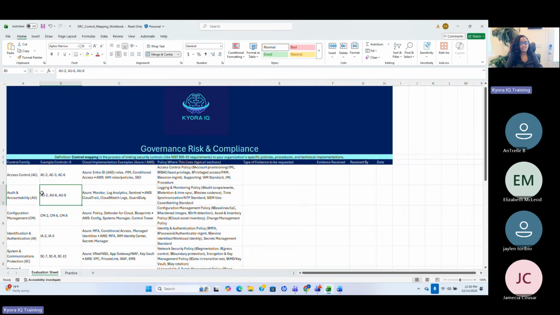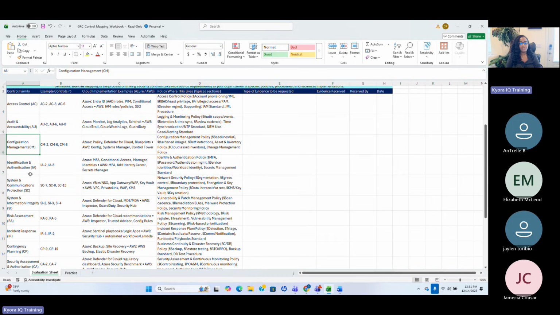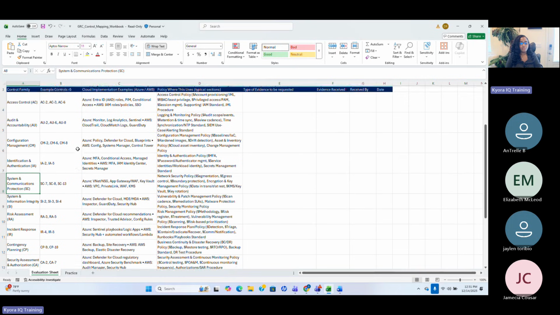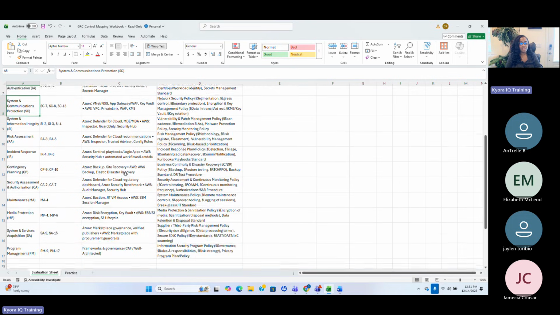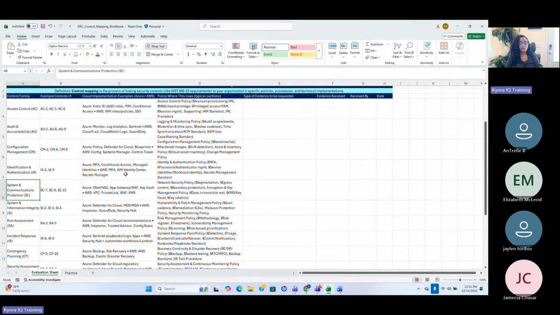There are different families, right? Audit and accountability, configuration management, identity and access, systems and communication. Go through your workbook until you have about 300 controls that make up these various categories. When you have that, you are ready.